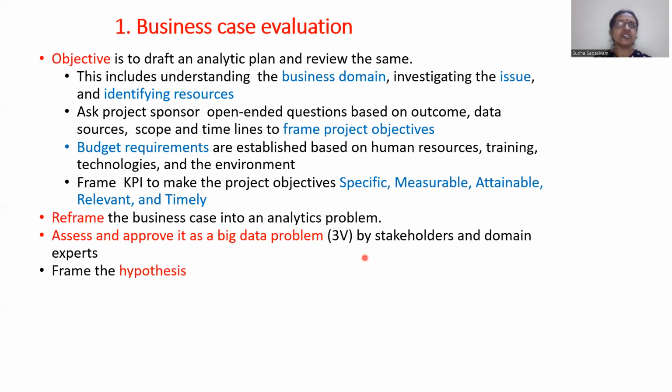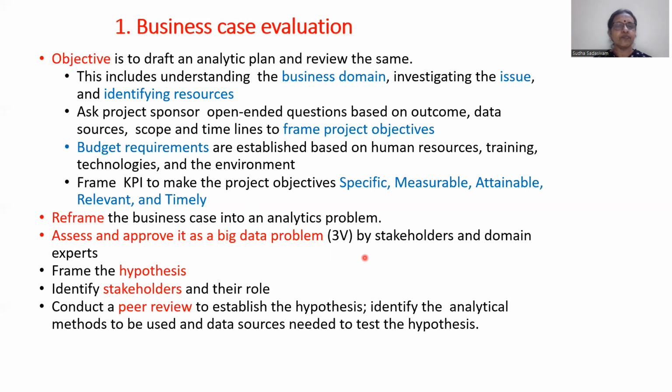Then a hypothesis is framed, based on which the problem is tested. The stakeholders are identified along with their roles. A peer review is conducted to see that the stakeholders agree that it is a big data problem and the hypothesis is correct.